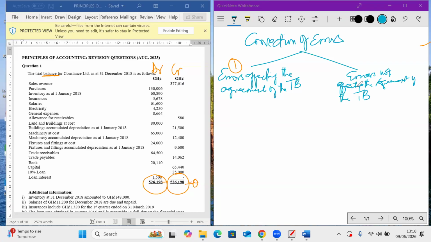That is errors not affecting the agreement of the trial balance. The errors will be caused by the ledgers. When I say ledgers, these are the ledgers. The errors will be occurring there and in the figures as well. And you will see the reflection that the debit and credit sides are not the same. In such a case, we use suspense.